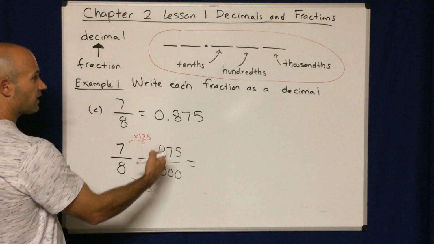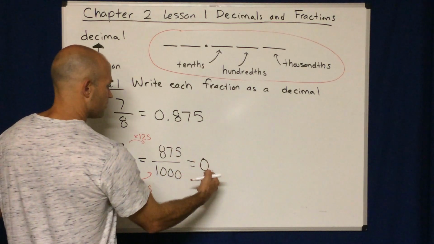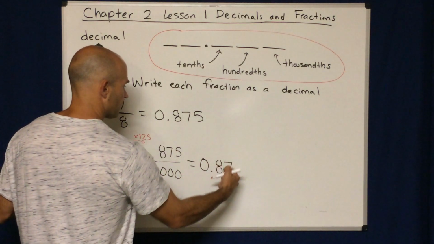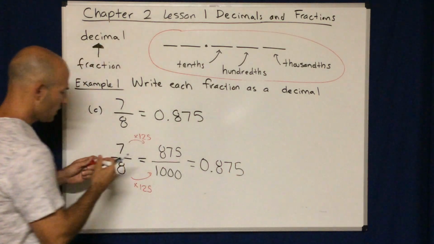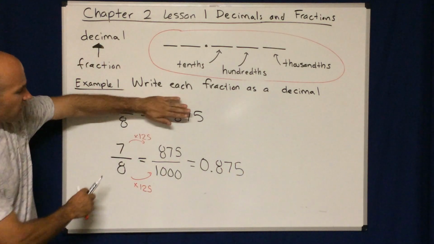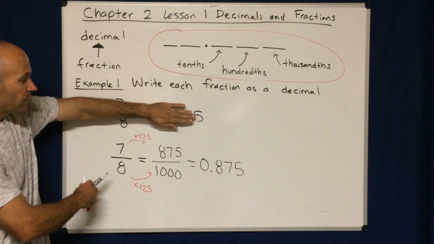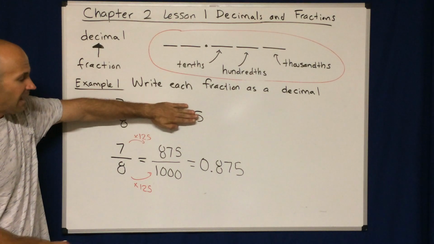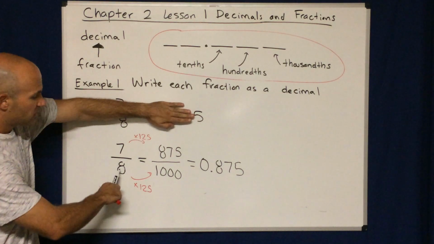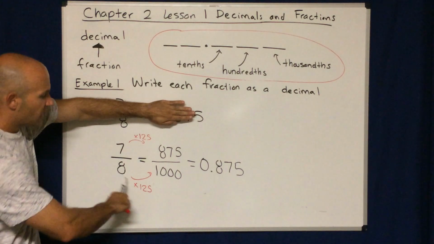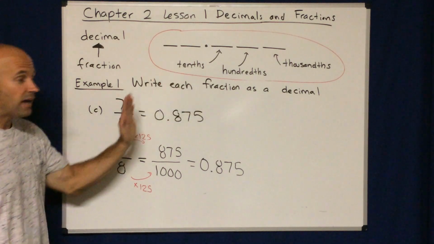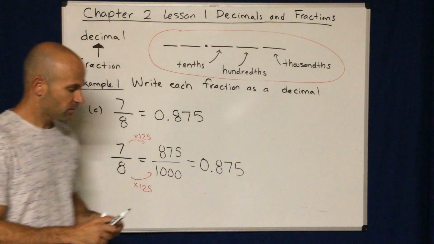This is 875 thousandths, so 0.875. So what I've done down here is solve the problem in a way similar to A and B. I didn't jump right into doing this just because it wasn't obvious to me that 8 divided evenly into 1,000. So that's why I did it the long division way.